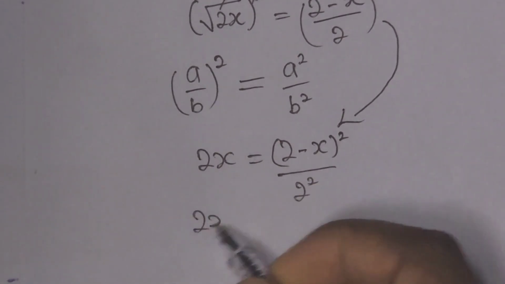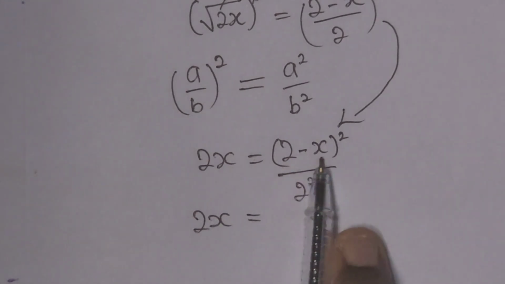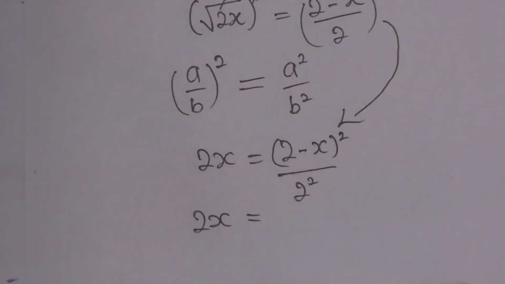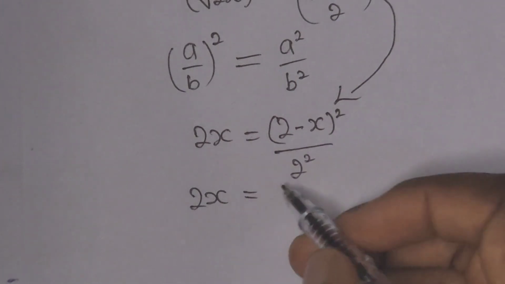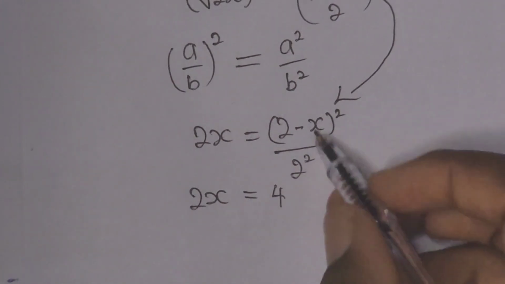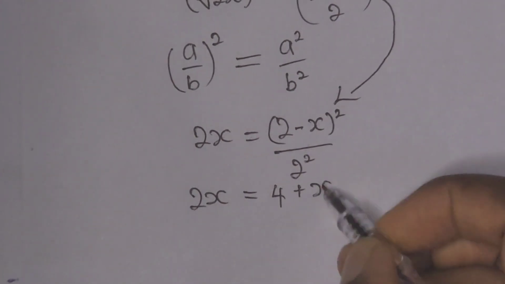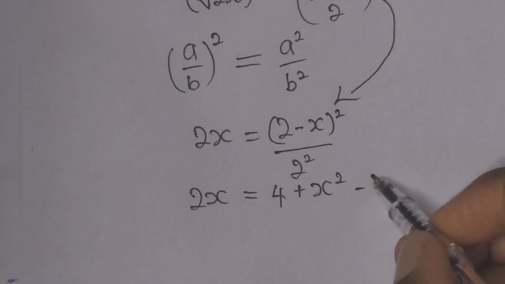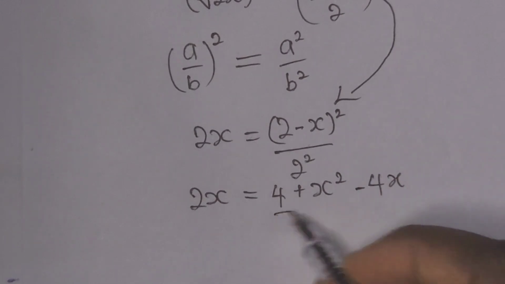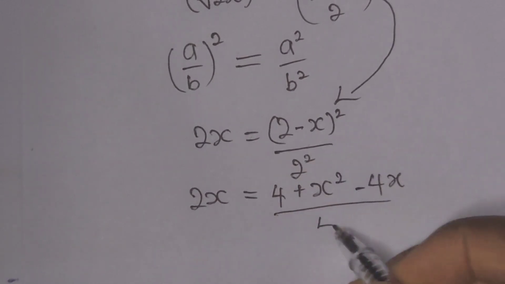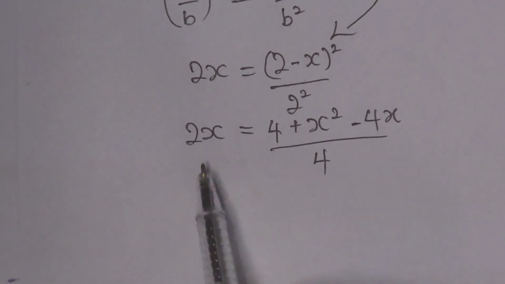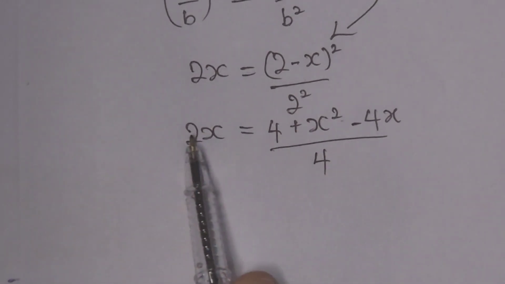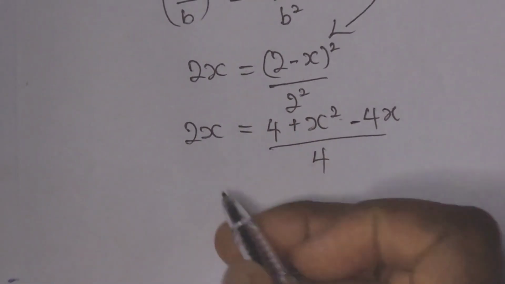So we have 2x equal to, when we simplify this, we have 2 to the power of 2, which is 4, plus x to the power of 2, which is x squared, and we have minus 4x, all over 2 to the power of 2 is 4. So from here we multiply both sides by 4.